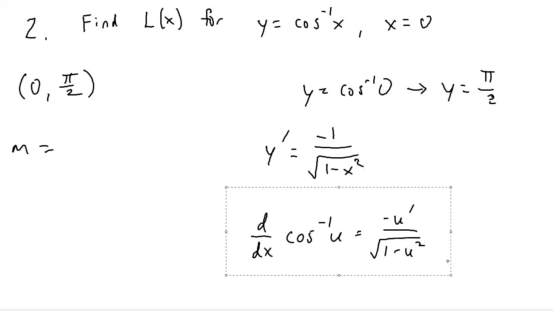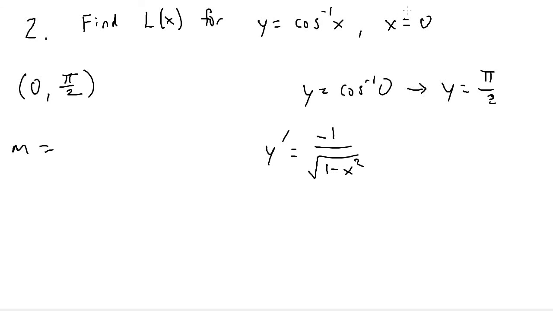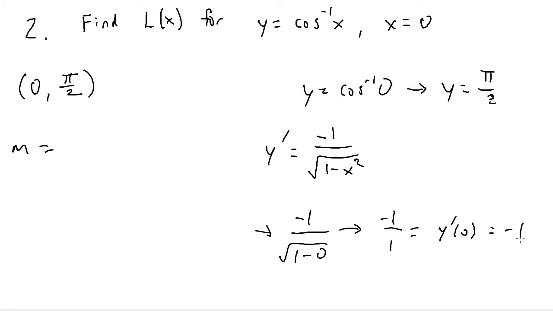Now that I've found my derivative, I can plug in the x value of 0. You get negative 1 over the square root of 1 minus 0 squared, which is 0. So we get negative 1 over the square root of 1, which is 1. So then y prime of 0 is going to be equal to negative 1, which is our slope.